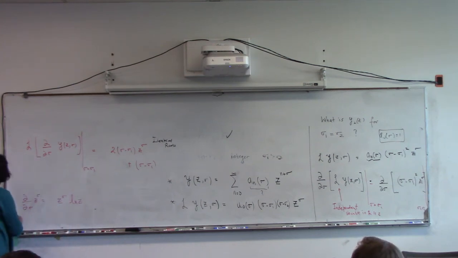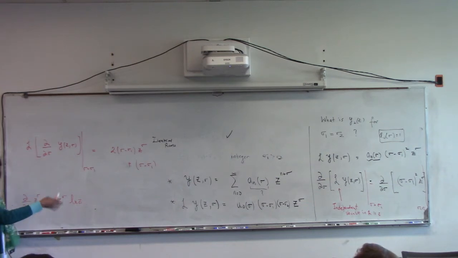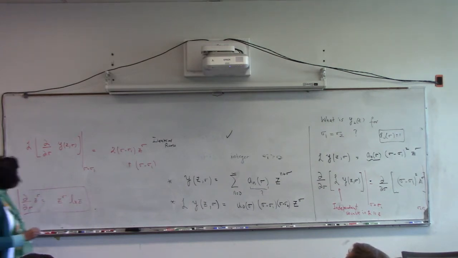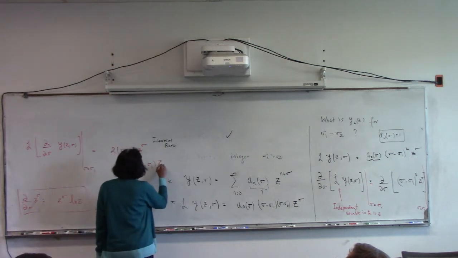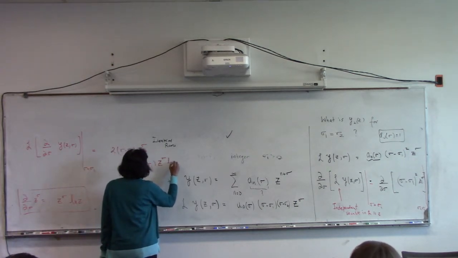Okay, so that's an important thing, because the variable that you're differentiating is in the exponent. So all you have to do is change the variable and try to do it. This is something which will keep on coming, so I want you to be careful about it.